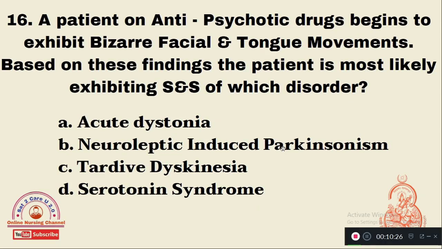Serotonin syndrome is associated with antidepressant drug side effects. Selective serotonin reuptake inhibitor side effect causes serotonin syndrome. And this is related to option C, tardive dyskinesia, where you can see abnormal facial movements and tongue movements.